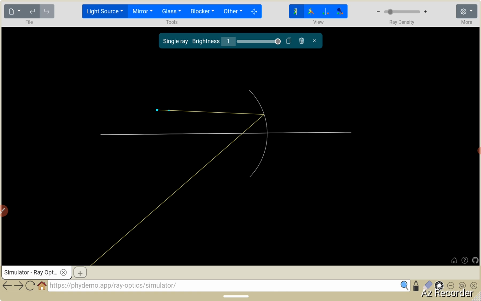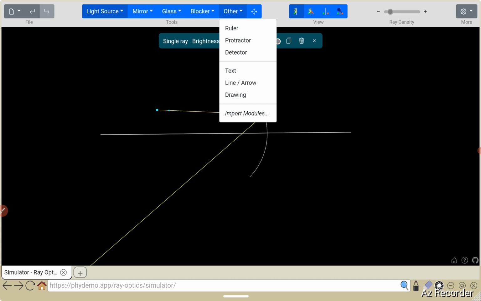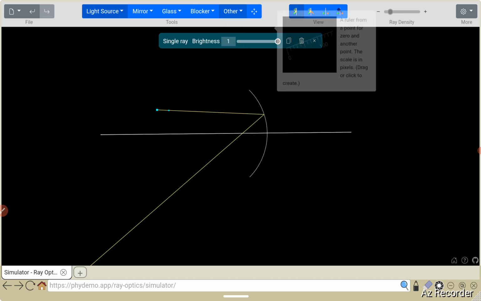Now, the parallel ray I have taken, the reflected ray is meeting at one point on the principal axis. So that point is taken as focus.